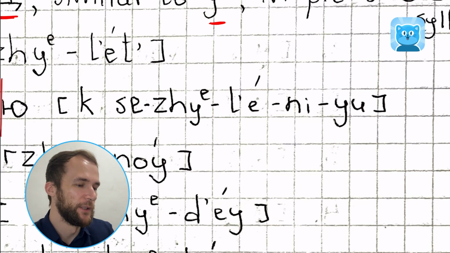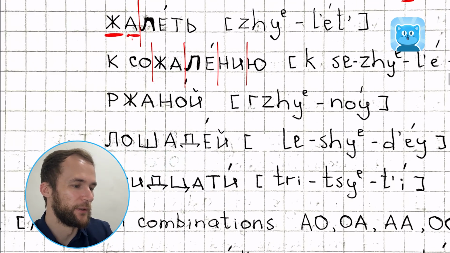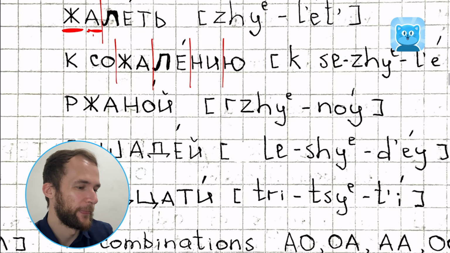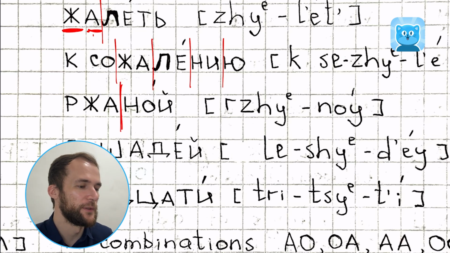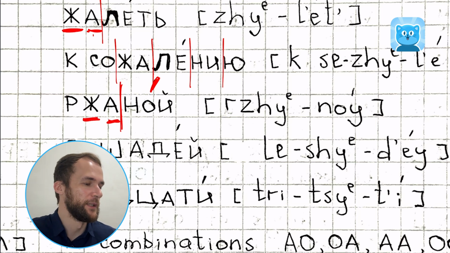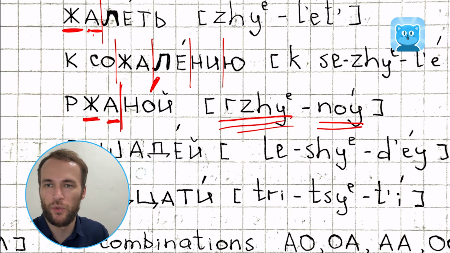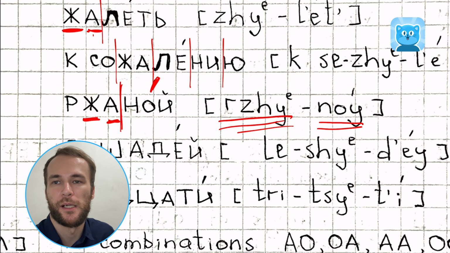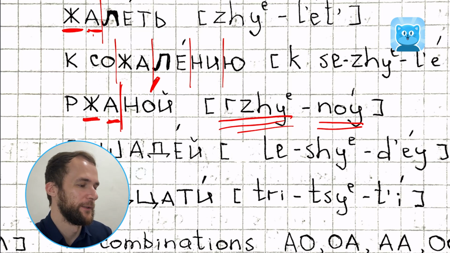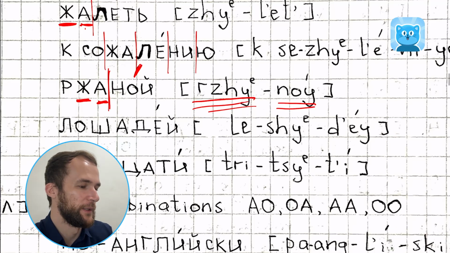Another example. Ржаной. So 2 syllables. The last one is the stressed syllable. So again, this letter Ž and A. It's not ржаной, it's ржаной. Okay.